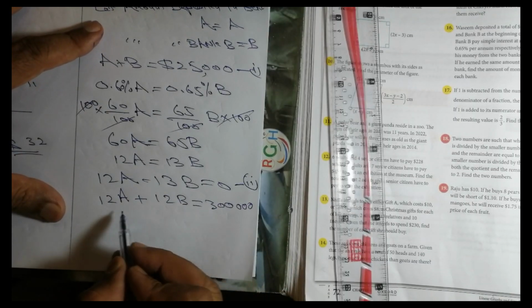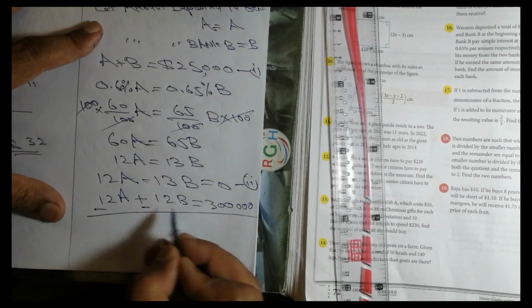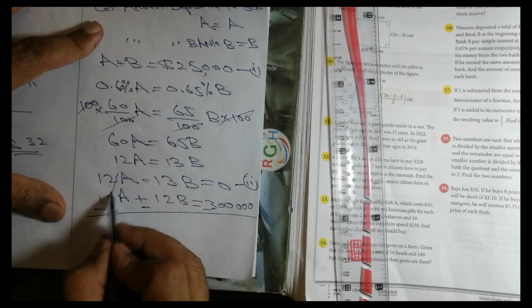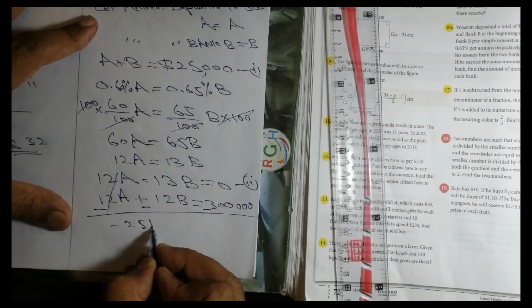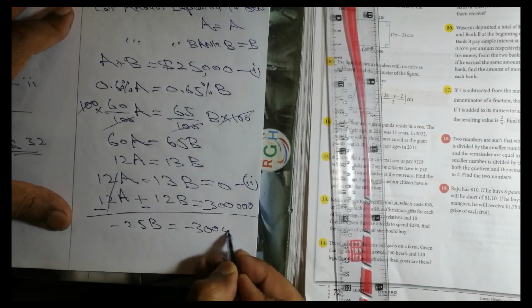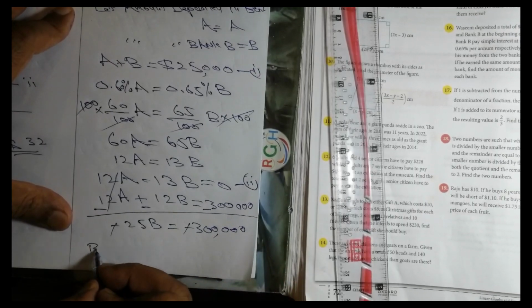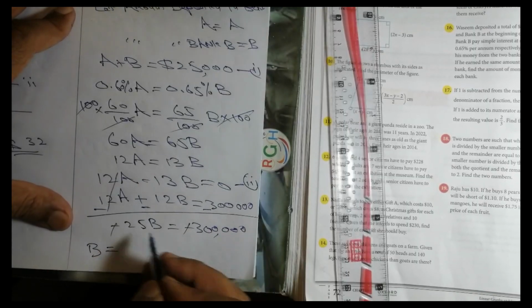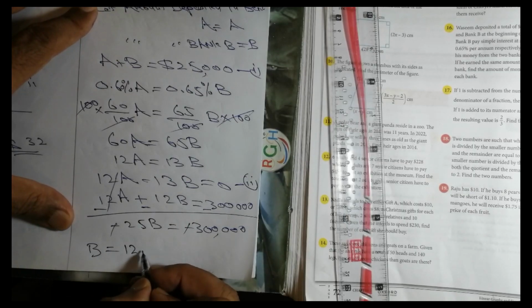So now subtract, this is cancelled, minus 25B is equal to minus 300,000, minus cancel, and B is equal to 300,000 divided by 25, which is 12,000.